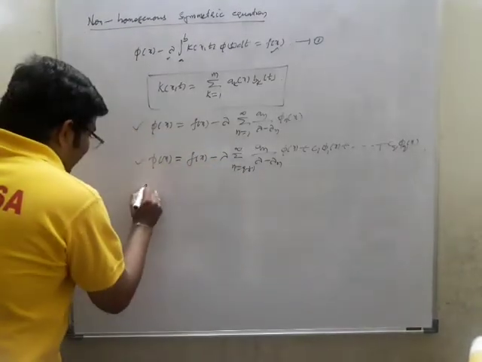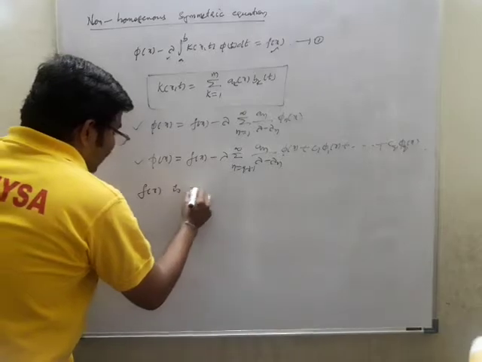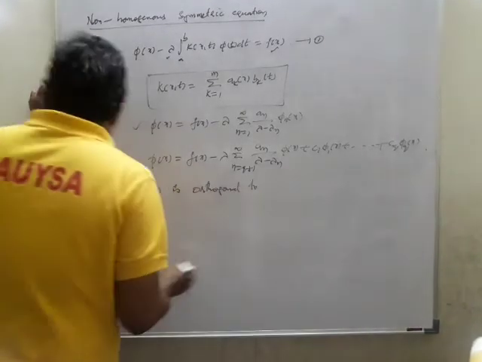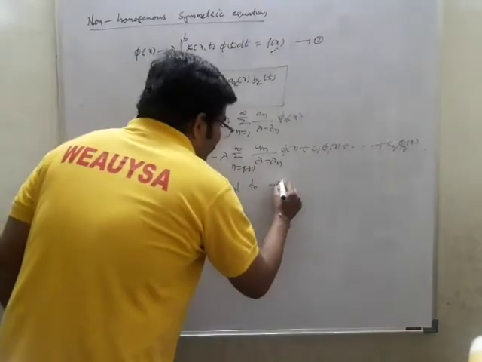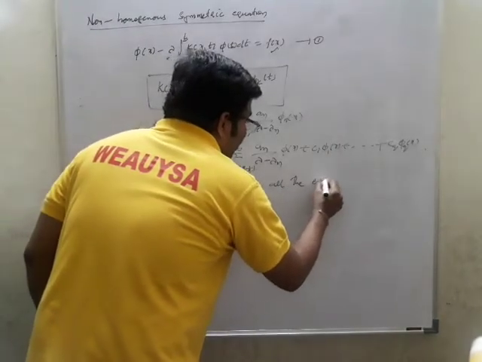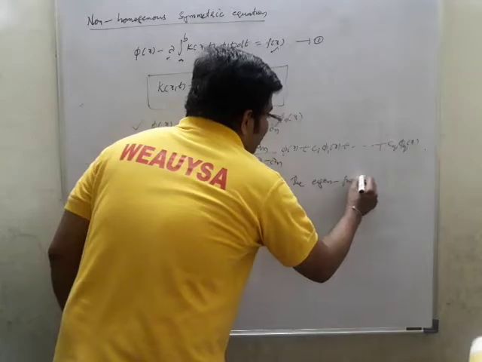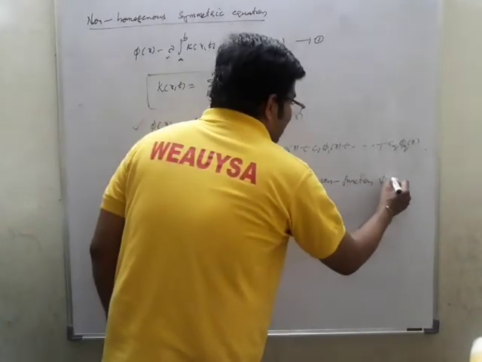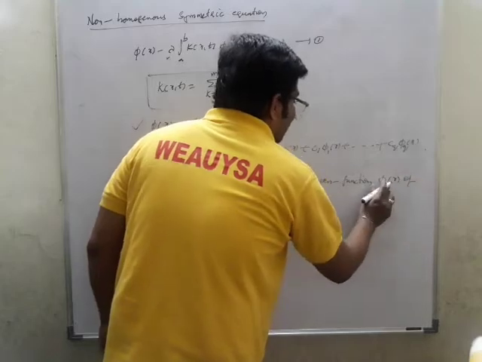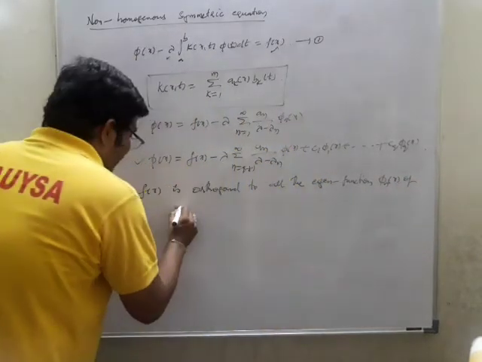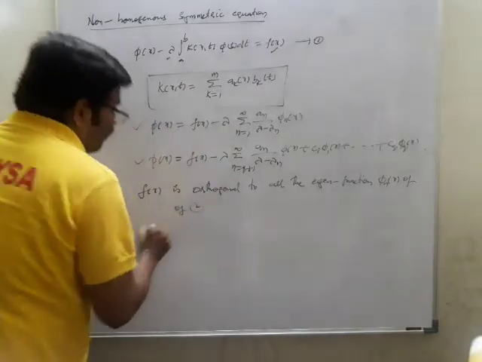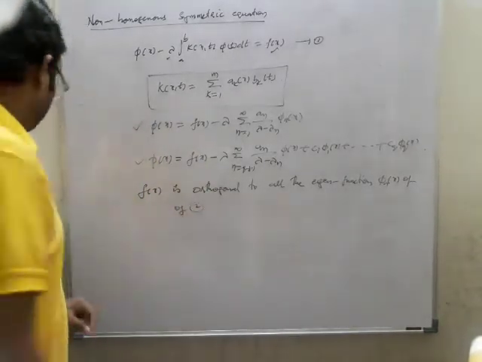The function f of x is orthogonal to all the eigenfunctions phi n of x of equation 2, that is, the homogeneous equation 2.